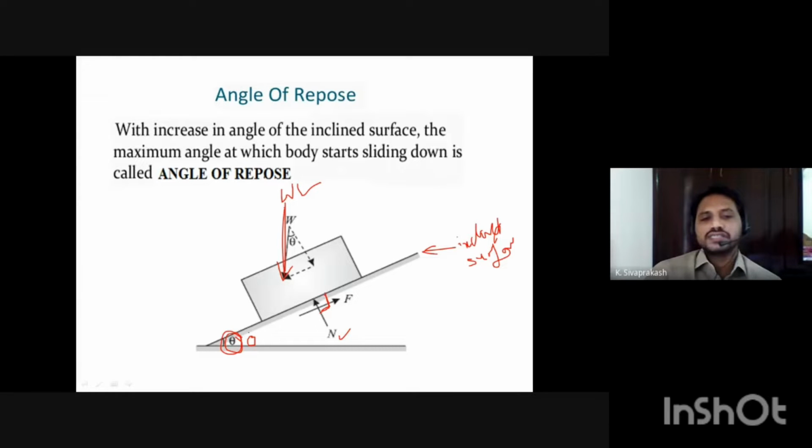Suppose you consider the body starts sliding downward when you increase theta up to phi. So this phi we call the angle of repose.